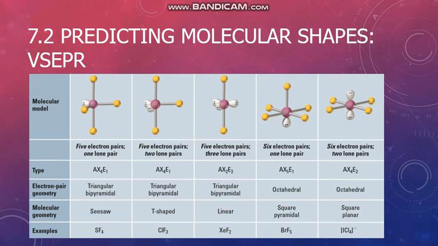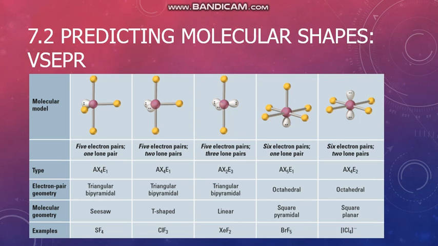And this one is a square planar molecular geometry. What if we have AX3E3? AX3E3 is similar to this one, so we have T-shape. And AX2E4 is similar to this one, but we have 4 here, so we have linear shape.